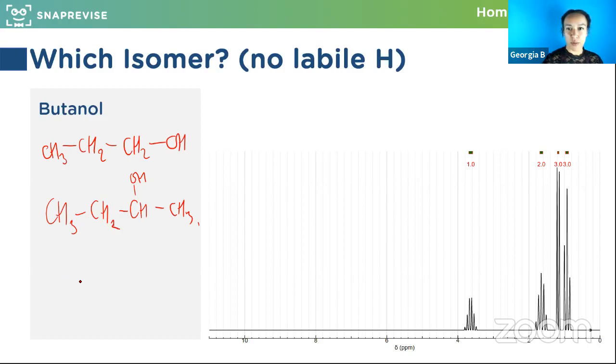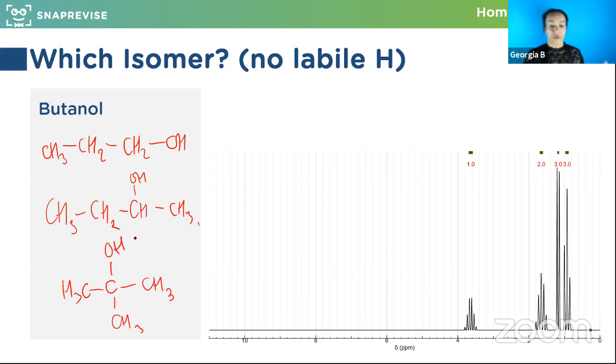So it wouldn't be 2-methyl ethanol, but I think I know what you mean. Or we could have a central carbon, or this would be, oh no, sorry, my brain's not working, 2-methylpropan-2-ol. Or this isomer. Are there only 3 isomers?